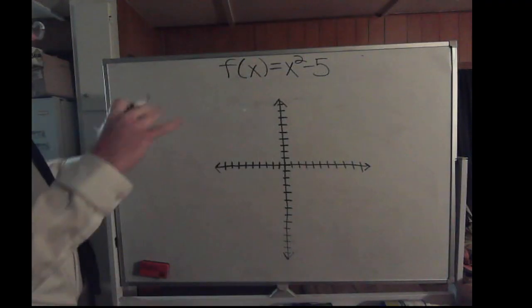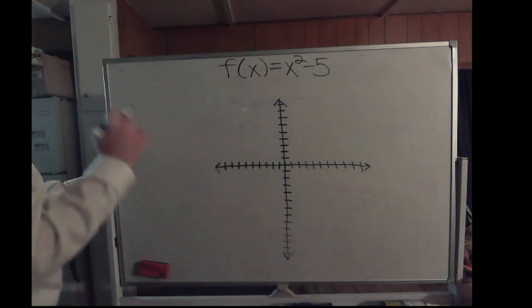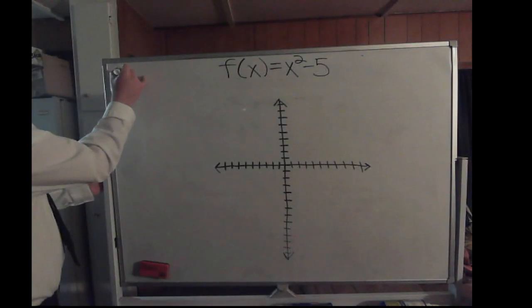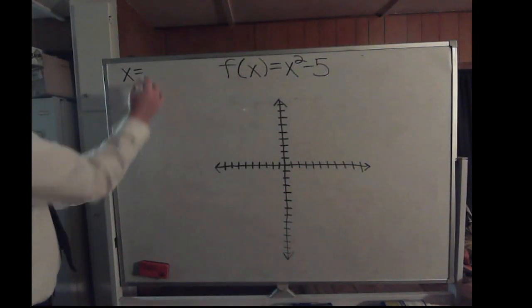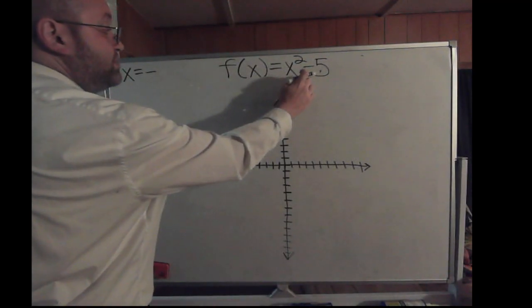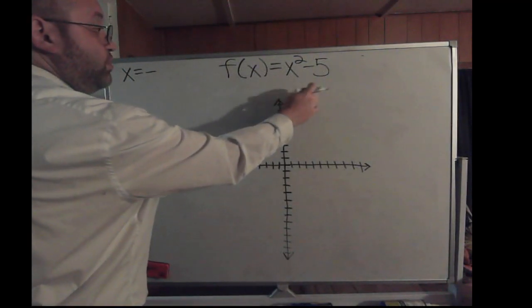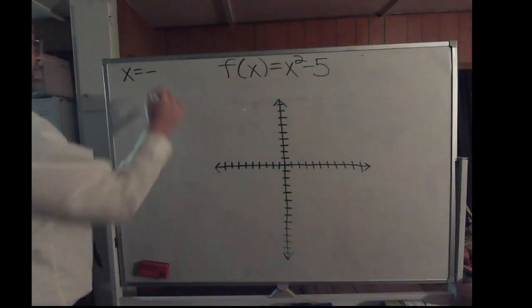So, we're going to start with finding the vertex, which is going to mean x is equal to negative b. Well, b would have to mean that there's a bx term, or a coefficient with an x to the first power term. There's nothing.